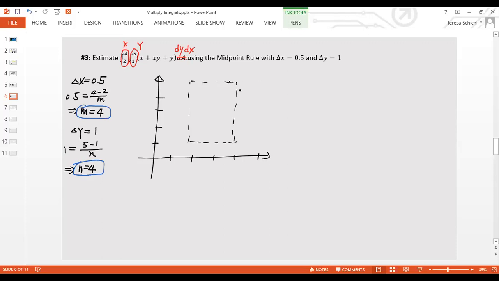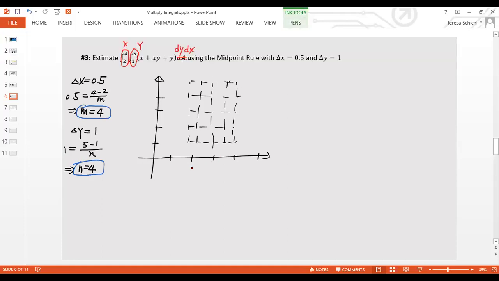Now I'm going to divide both into 4 areas, so y has 4 areas and x also has 4 areas. As you can see, I have 16 subintervals here.